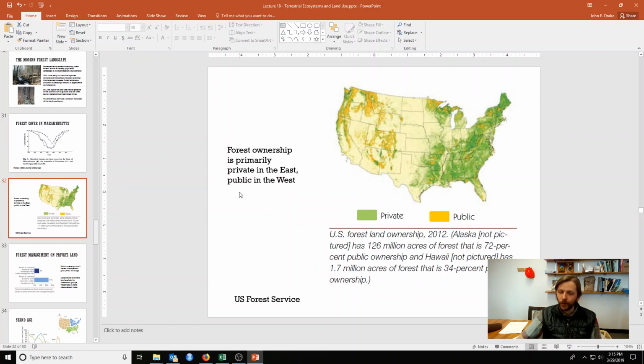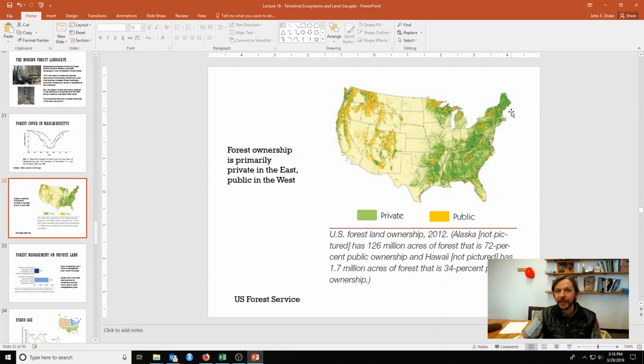So let's talk a little bit more about some aspects of northeastern forests. What I'm about to show you comes largely from a report from the U.S. Forest Service. And what's different, there's a strong geographic difference in forest ownership in the United States. The eastern forests are primarily owned by private landowners.